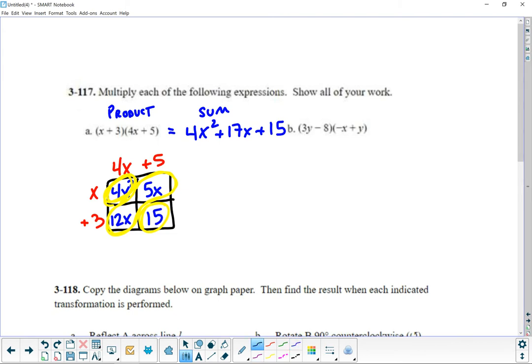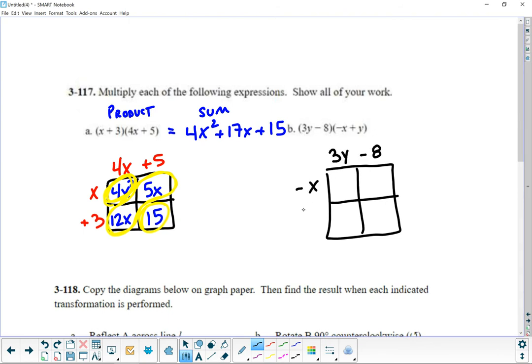Part B. Do another area model. This is 3y minus 8 and negative x plus y. Go ahead and multiply them out. Negative x right there times 3y makes a total of negative 3xy.